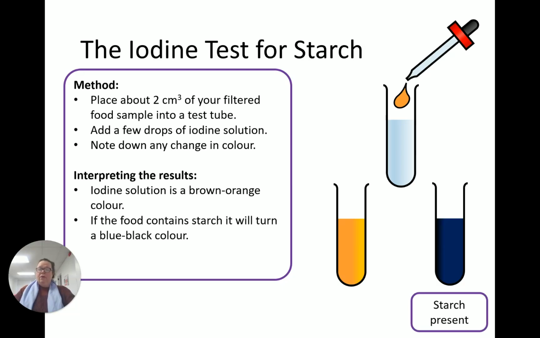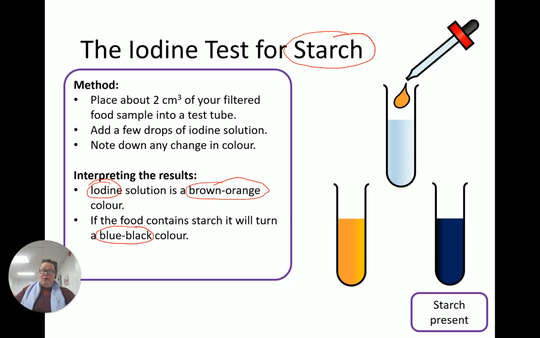Now, in terms of marking points, what they're looking for is the reagent and the colour change. So this is what you need to write on your revision card, or if you're making notes. Test for starch. The reagent is iodine, and it will go from brown-orange. In fact, you don't always need where it starts. You just need to know that it goes blue-black.